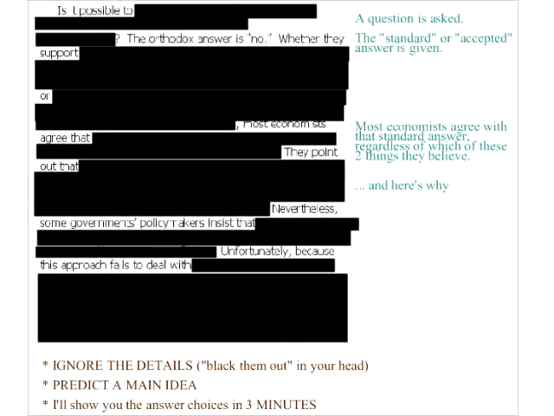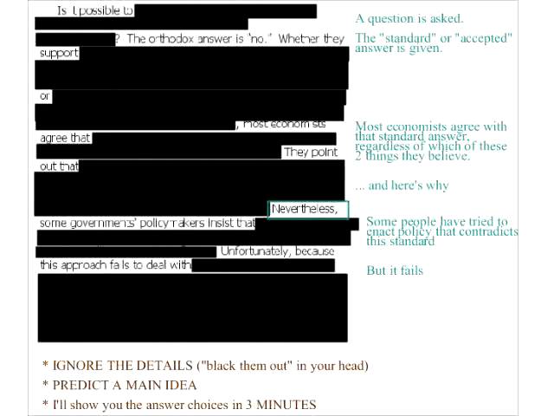Nevertheless, some government policymakers insist that. So nevertheless indicates that something must be going against this. So some people have tried to enact policy that contradicts this standard, but it fails.